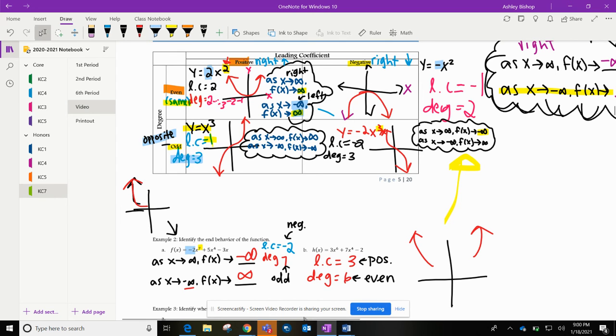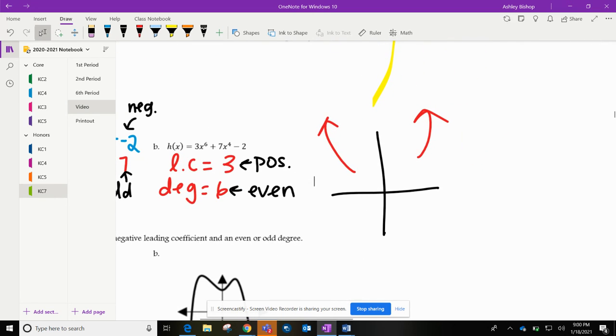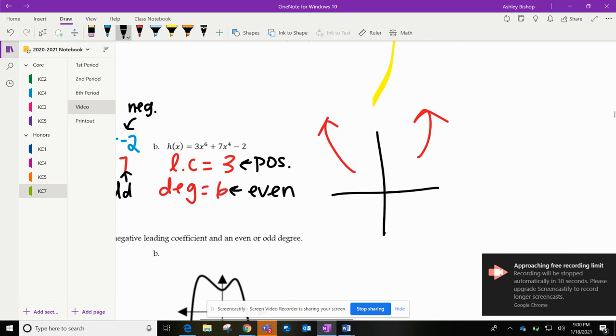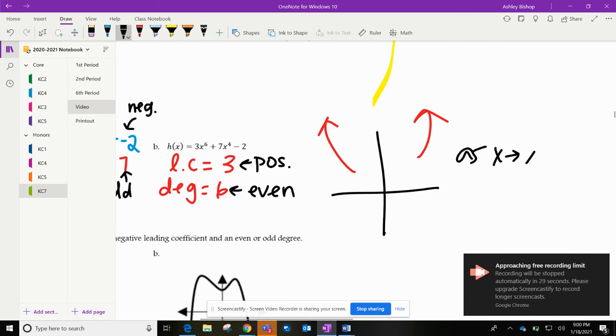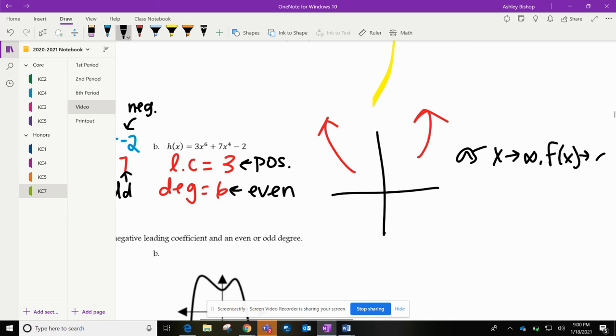So now I can write my end behavior, right? As x approaches infinity, f of x approaches infinity. And as x approaches negative infinity, f of x also approaches positive infinity because they are the same. They are both going up forever to infinity, the right and the left.